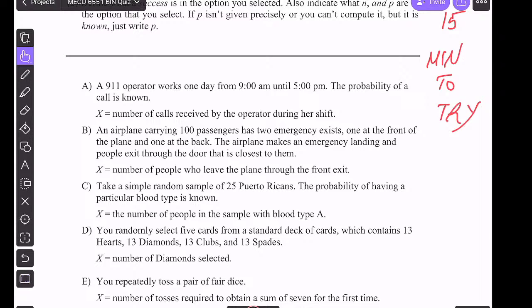Okay, do you have an answer? Which one is it? Which one is a binomial? Only one of those is binomial, believe it or not. So which one do you pick? And tell me the N and P of the one you pick. I'm watching the chat.